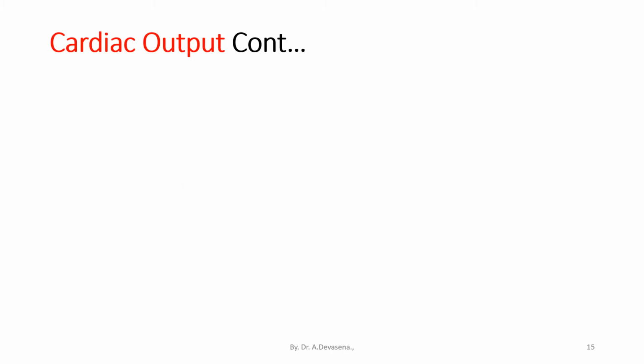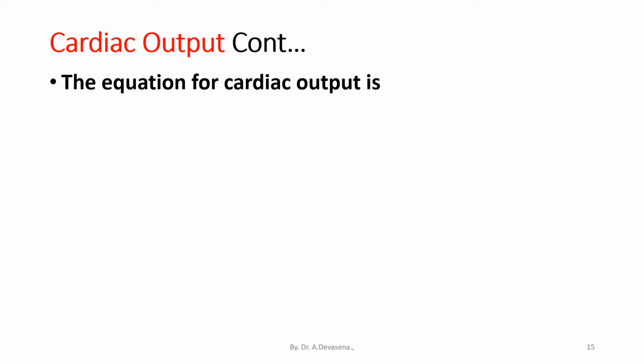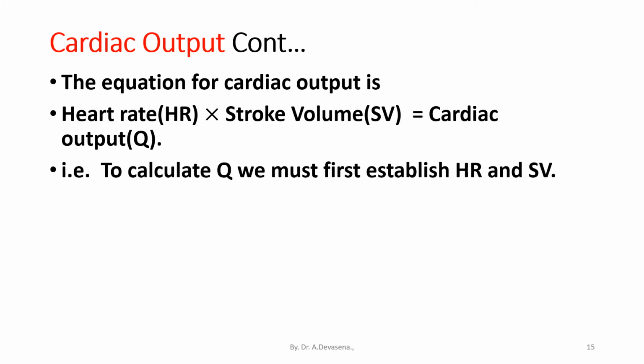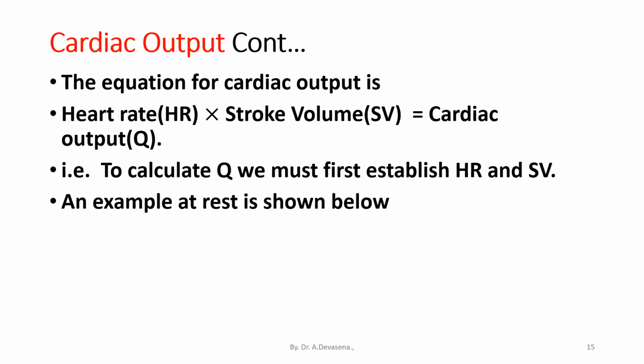The equation for the cardiac output is heart rate times stroke volume equals cardiac output. To calculate cardiac output Q, we must first establish heart rate and stroke volume SV. An example at rest is shown below.